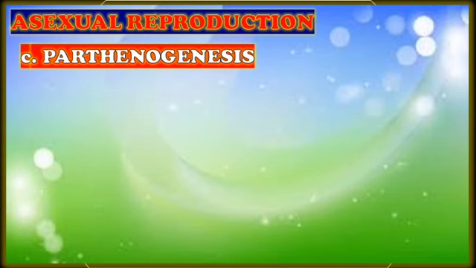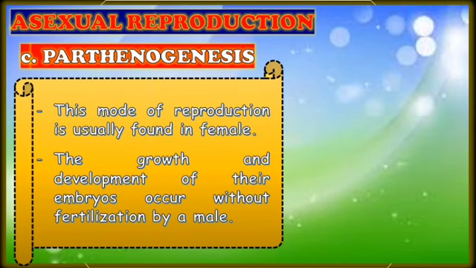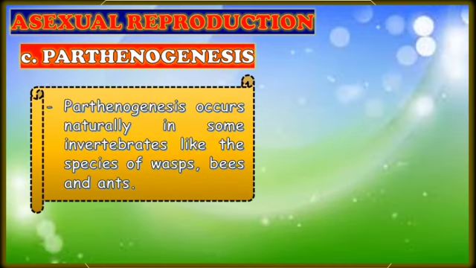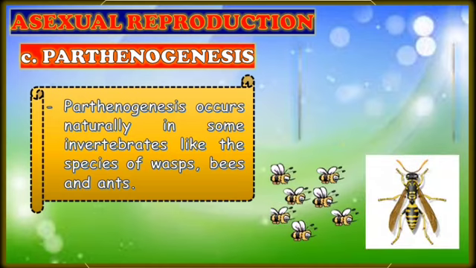The last one is parthenogenesis. What's this parthenogenesis all about? This mode of reproduction is usually found in females. The growth and development of their embryos occur without fertilization by a male. Parthenogenesis occurs naturally in some invertebrates just like species of wasps, bees, and ants.